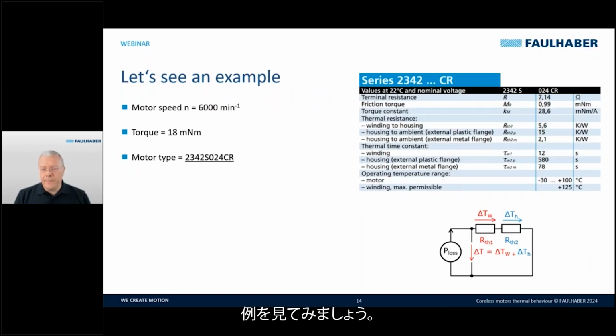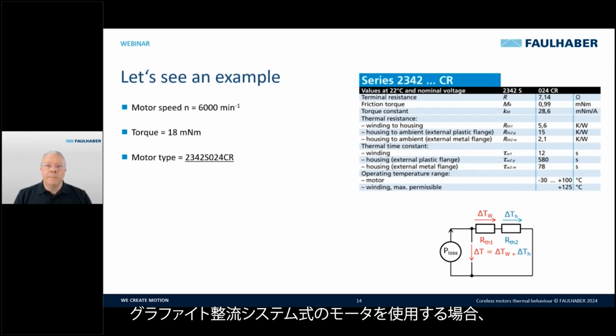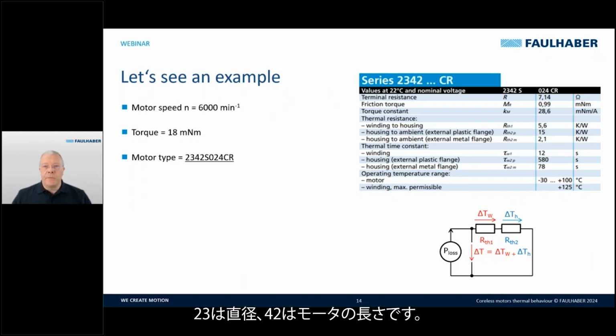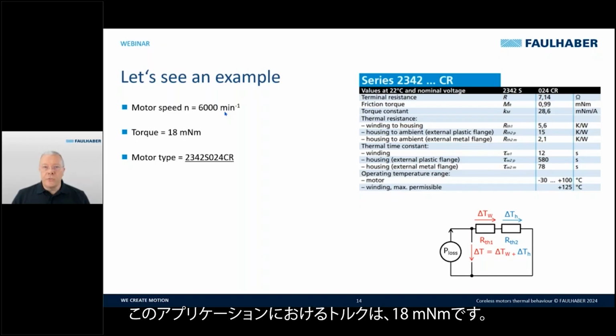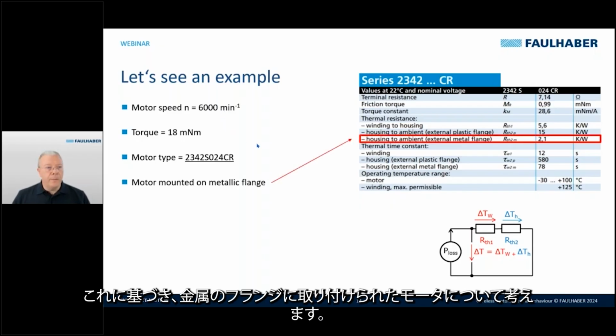Let's see an example. We use a motor with graphite commutation system, 23 is the diameter, 42 is the motor length. The motor is running at 6,000 RPM, and the torque in the application is 18 milliNewton meter. Then we consider the motor mounted on a metallic flange.